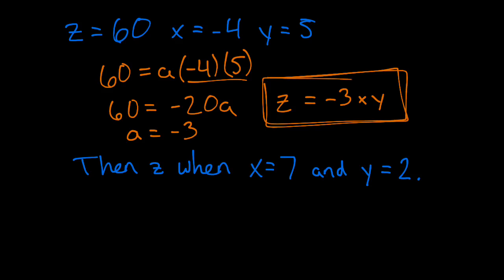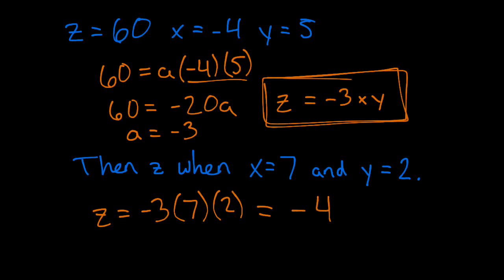Don't just say a is negative 3 and then move on. Give me that equation that relates those variables. Then find z when x is 7 and y is 2. So plug in 7 for x, 2 for y: negative 3 times 7, negative 21, times 2, negative 42.